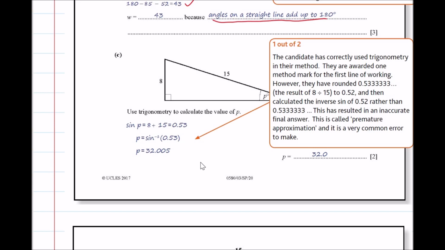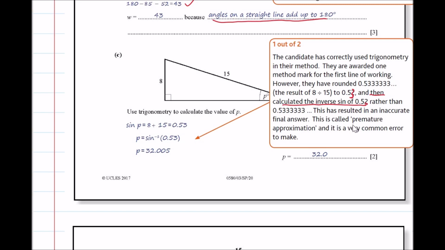However, they have rounded 0.5333 to 0.53, and that you have to avoid. They calculated the inverse sine of 0.53 rather than 0.5333. This has resulted in an inaccurate final answer.